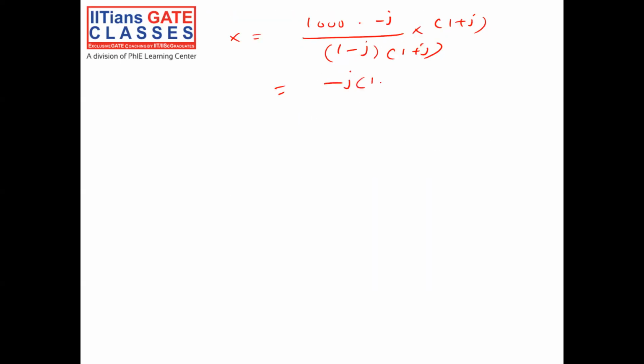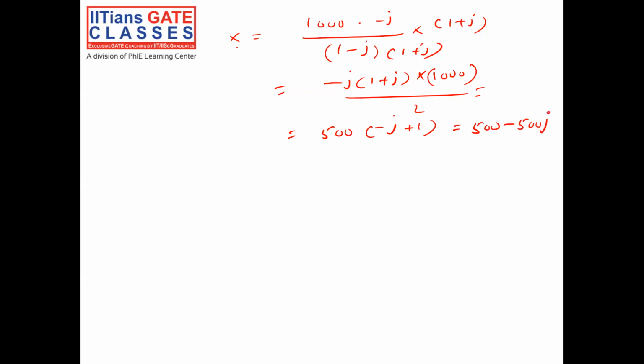Minus j into 1 plus j into 1000, divided by 1 square minus j square, which is 2. So the 2 gets cancelled and I got 500 into minus j into j square. Minus j into j is minus j square, and j square is minus 1, so I got plus 1. So this is equal to 500 minus 500j, the impedance of X.